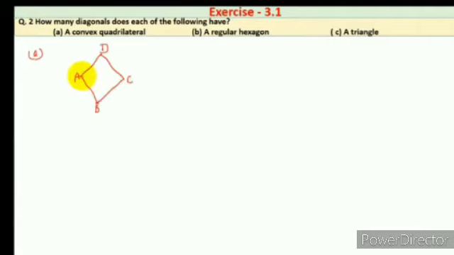Each angle is less than 180 degrees, right? If we join opposite vertices A and C, we'll get a line segment AC. It is one diagonal. And if we join D and B, we'll get another line segment, that is the second diagonal. DB and AC are the two diagonals of the convex quadrilateral.